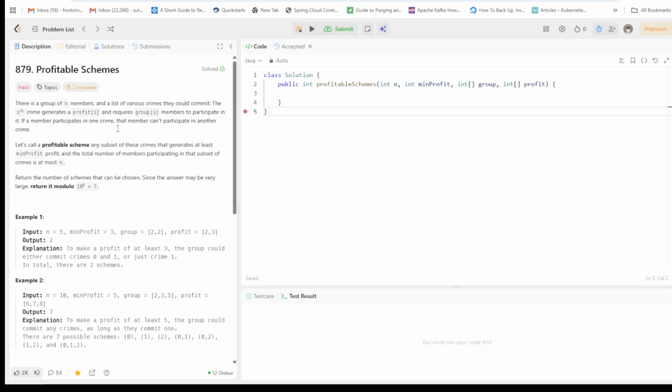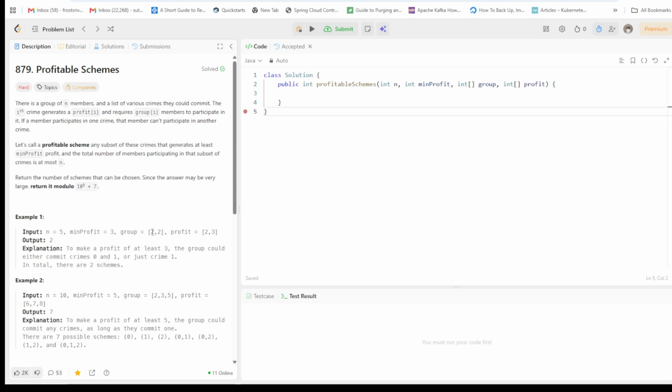Okay, so what we are given basically is n. n is the number of members that can participate. And here the group is given. Group means for performing crime one, you will need two members, and for performing crime two, we will need two members.